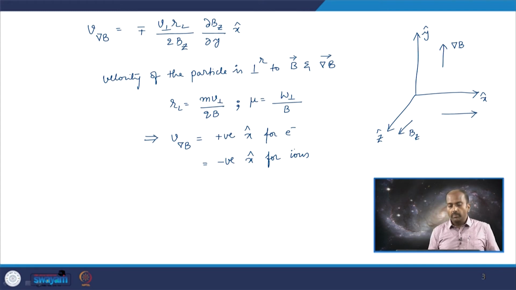So what does it mean? It means that, see, we have a very important point. If we look back, if we consider a magnetic field which is homogeneous and static in nature, that means ∂B by ∂x is equal to 0. I am trying to make a point based on the particle's movement.